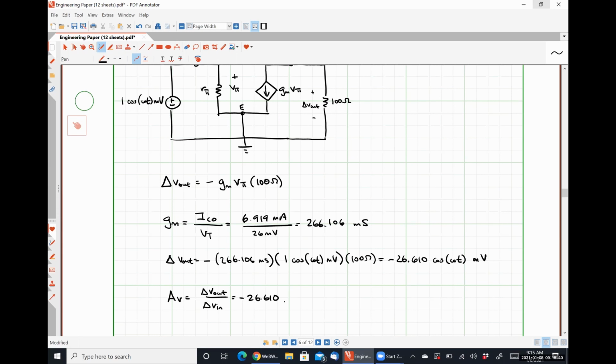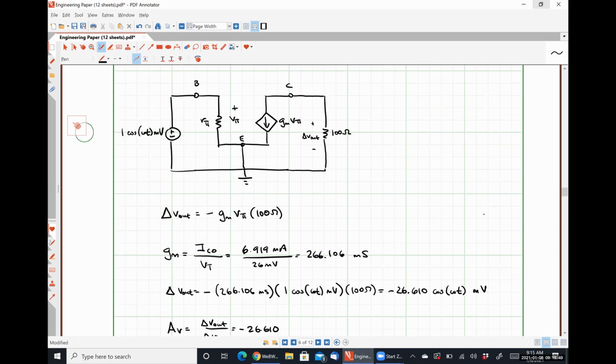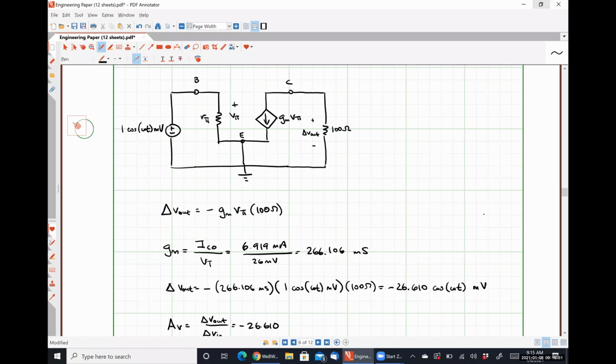Could we develop a general gain relationship for this guy? So for instance, what would happen if I increased RC? Would the gain go up or down? This guy right here is RC.